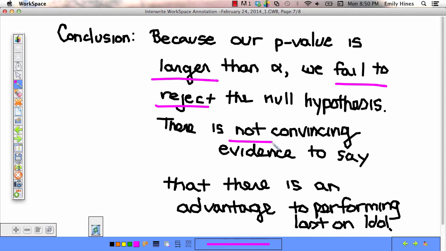There is or there is not convincing evidence to say that, and then all of this right here is just your parameter. This cookie cutter conclusion will get you full credit every time. The first sentence handles whether or not you reject or fail to reject. The second one handles both the convincing evidence statement and your context. This is gold right here for you. Gold.